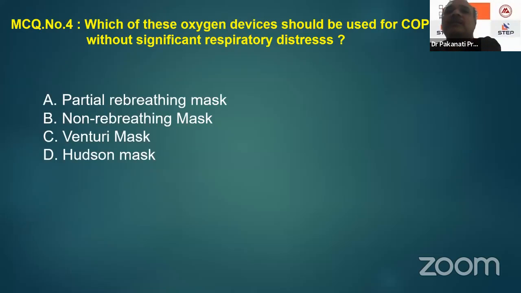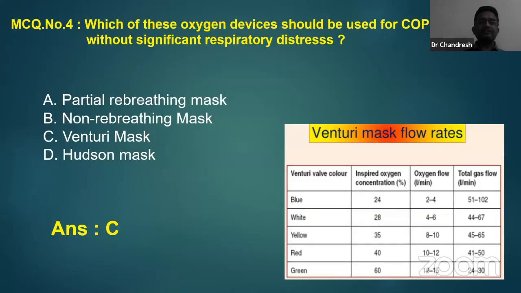Majority of answers are B and C. Let's look at the answer. Next. Here answer is C. Just now I told if a patient requires a prefixed or precise FiO2, the best device is Venturi. But yes, here look at the clinical scenario.